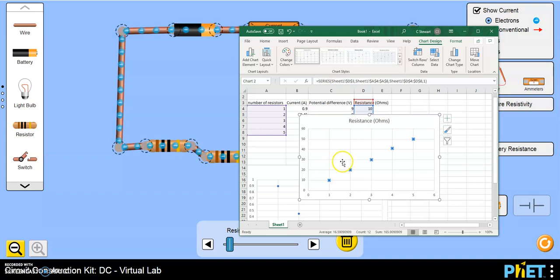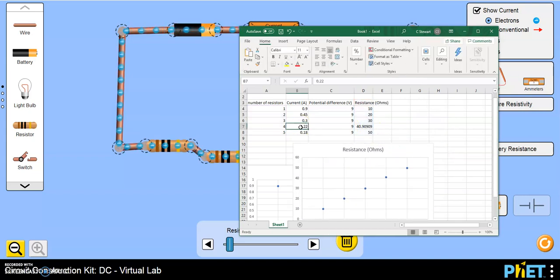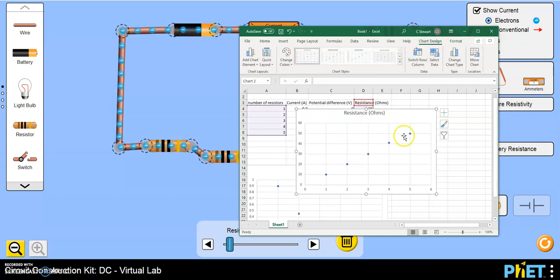When I have 2, the total resistance is 20. When I have 3, it's 30. When I have 4, it's not quite 40, just because the measurement of that current isn't really precise. It's going to round to some number here. Okay, that's the relationship between the resistance in a series circuit.